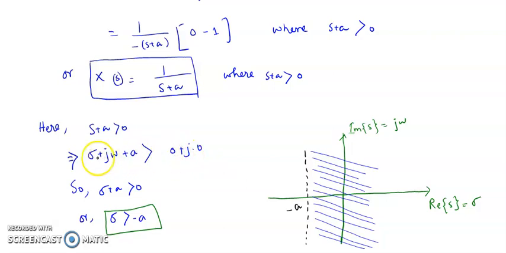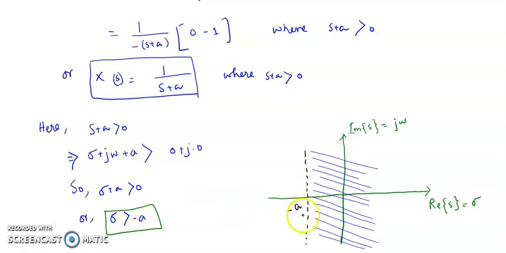For similarity on both left and right sides, we write this as 0 plus j0, which is ultimately 0. If we compare the real parts, sigma plus a is greater than or equal to 0, so sigma is greater than or equal to minus a.